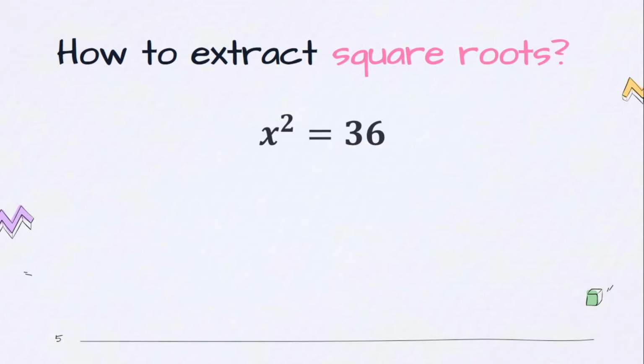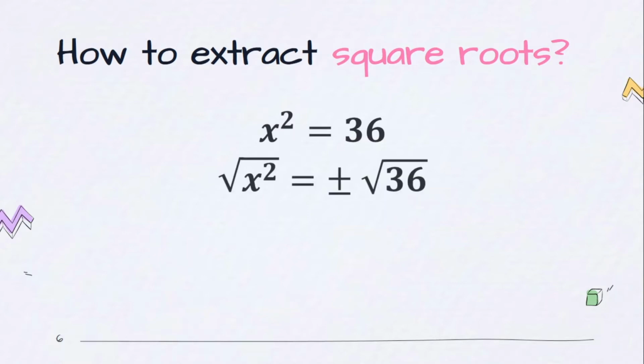Okay, since our given is a perfect square, we all know that 36 is a perfect square. So it will be easy on us if the given is a perfect square. First, get the square root of both sides. So we will now have the square root of x squared is equal to the positive or negative square root of 36.